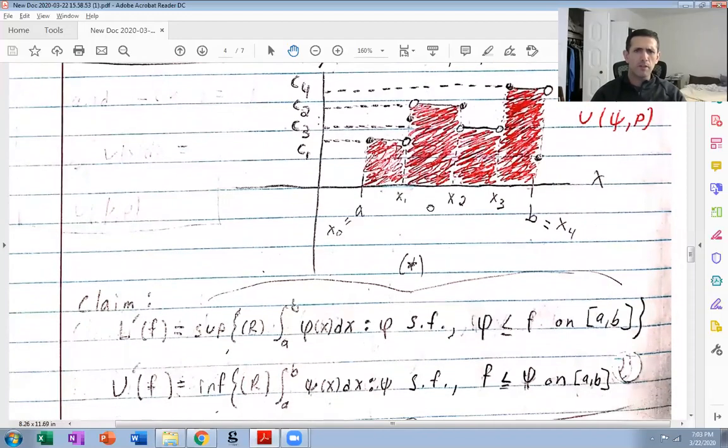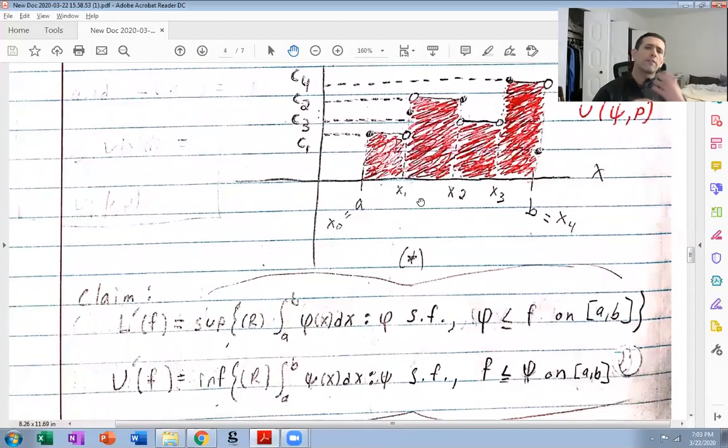I claim that I can reformulate the modified upper and lower Riemann integrals in terms of step functions. Namely, this modified lower Riemann integral is the supremum of all these integrals where we're looking at step functions that are less than or equal to f on a to b, meaning phi of x is less than or equal to f of x for all x in a to b.